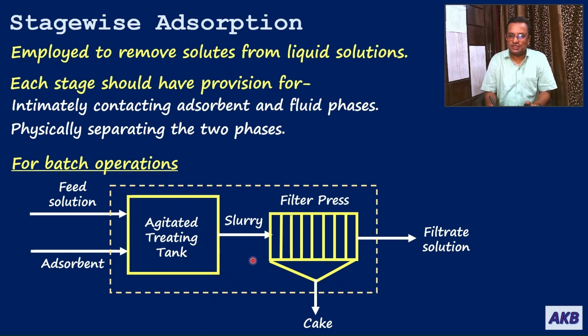So for batch operations, this combination of the agitated treating tank and filter press forms one stage. This combination acts as one stage in a batch stage-wise operation.